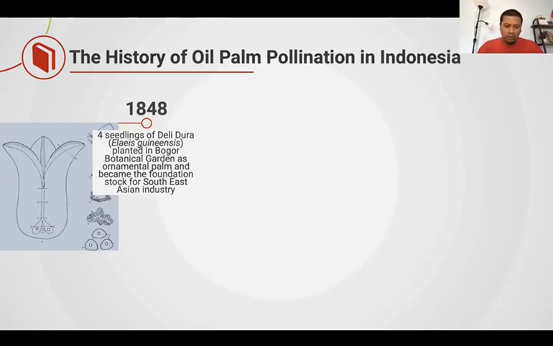1848, four oil palm seedlings were planted in the Bogor Botanical Garden as ornamental plants, and this became the foundation for oil palm seed producers in Southeast Asia.